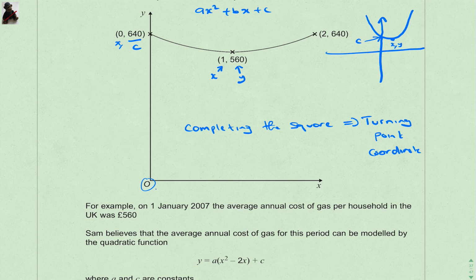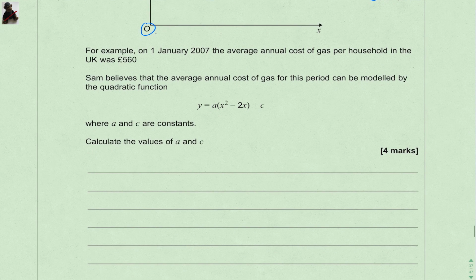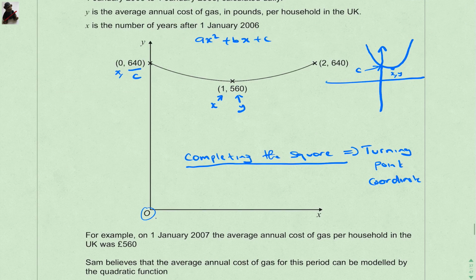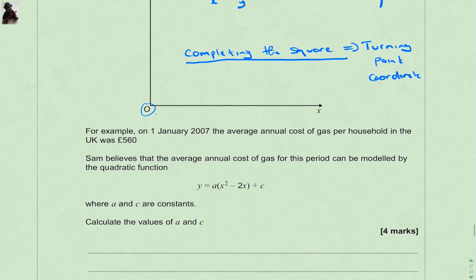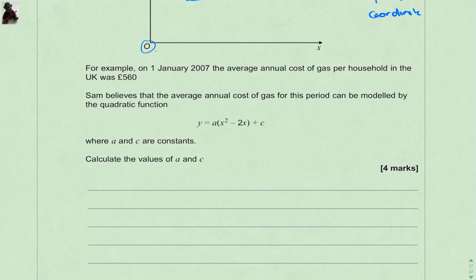So that's why it's good to use that method. We know the value of c is 640 now. We just need to find a. So let's do that using completing the square.